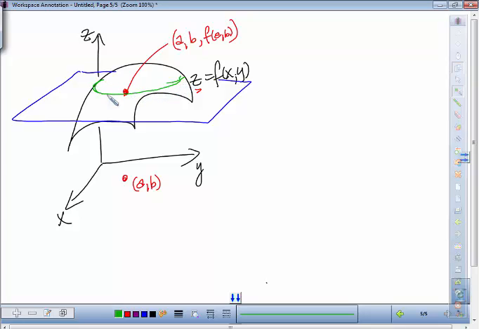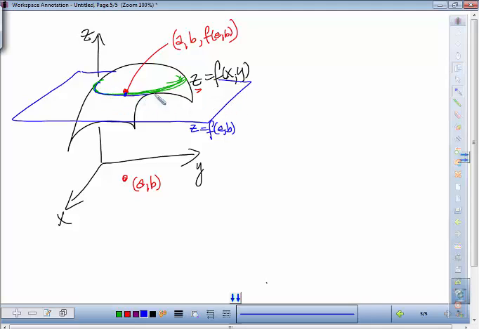So for some reason, if somebody wanted to cut this with a plane, what was the name of that plane again? z is equal to what? f of (a, b). Where did you get f of (a, b)? I mean, you're right, Lauren, but I just want to know where you got it from. Because that is the height of the plane that's parallel to the xy plane.